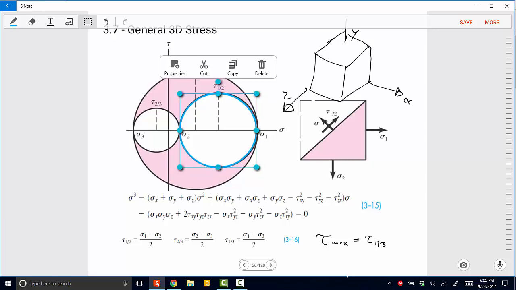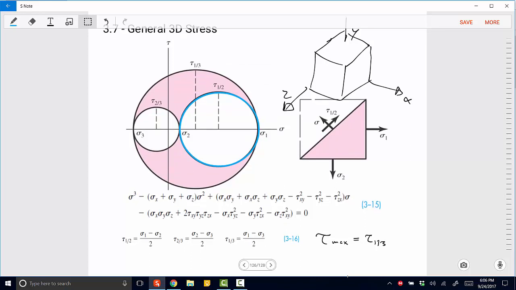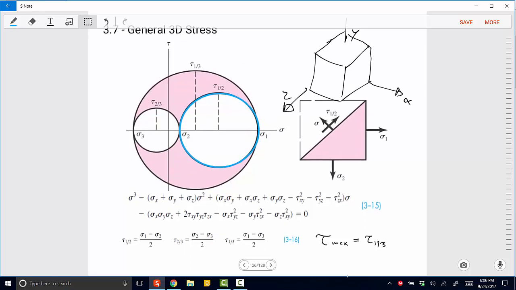We'll build a Mohr circle for those 2 directions. If we repeat that for another pair of axes, then we'll find another Mohr circle for the second pair. So maybe x and z or y and z, right?